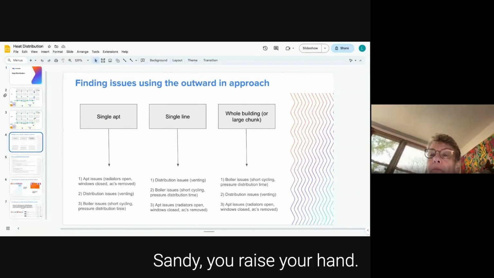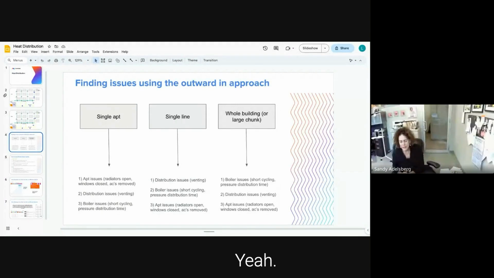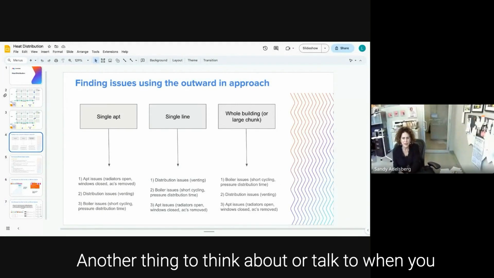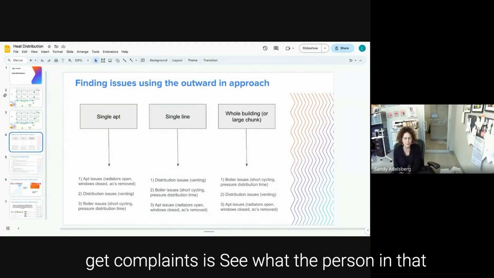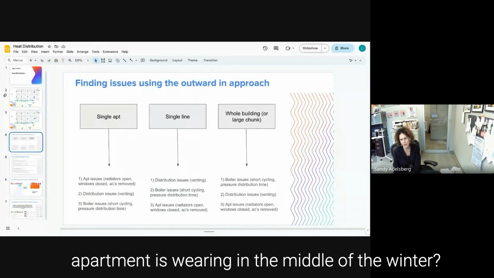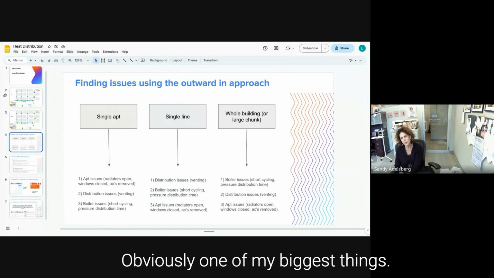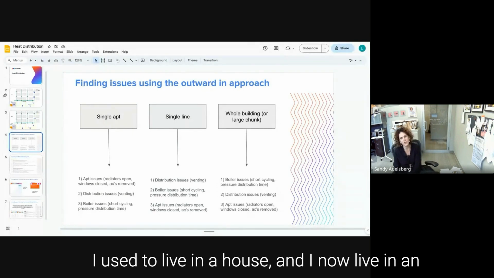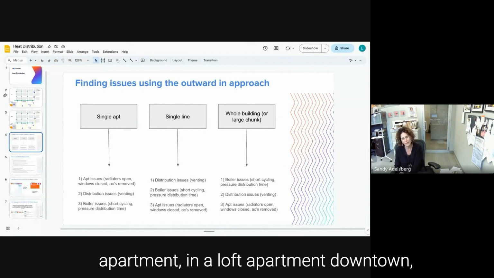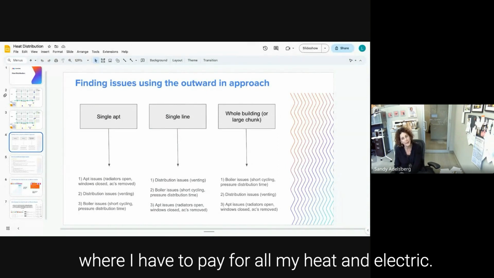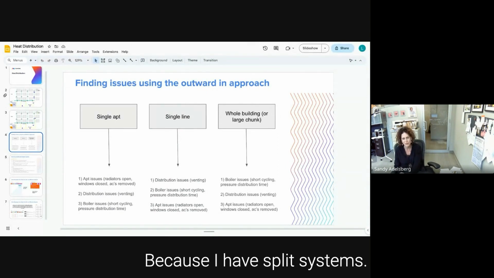Thank you. Sandy, you raised your hand. Couple things. Another thing to think about when you get complaints is to see what the person in that apartment is wearing in the middle of the winter. It's always been one of my biggest things. I used to live in a house, and I now live in a loft apartment downtown where I have to pay for all my heat and electric because I have split systems.